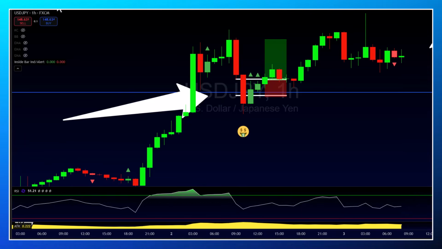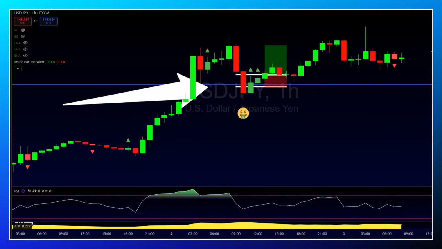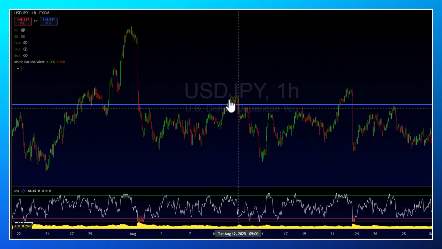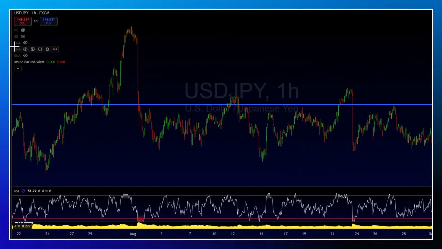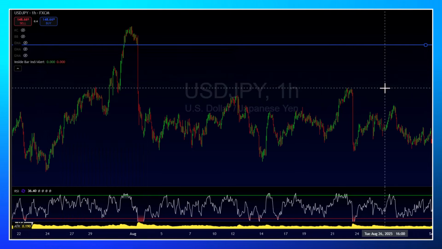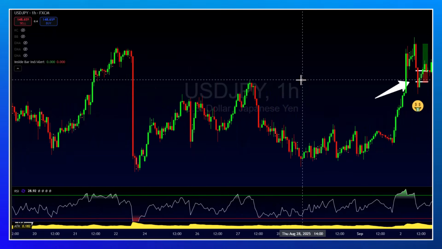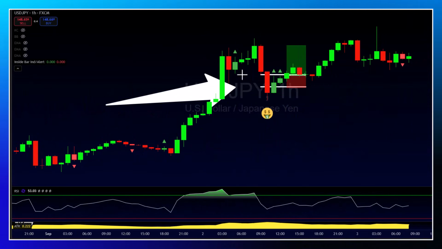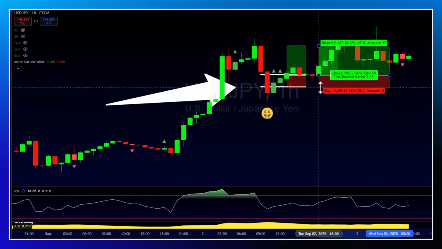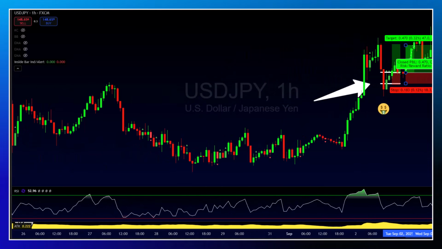Then of course the bigger targets for dollar yen, what were we looking at? We're looking at a move up here, if you guys remember. So that would have been your target one, where you make a little bit of money, you cover. And then this is where your real money would have been made, if you guys remember.